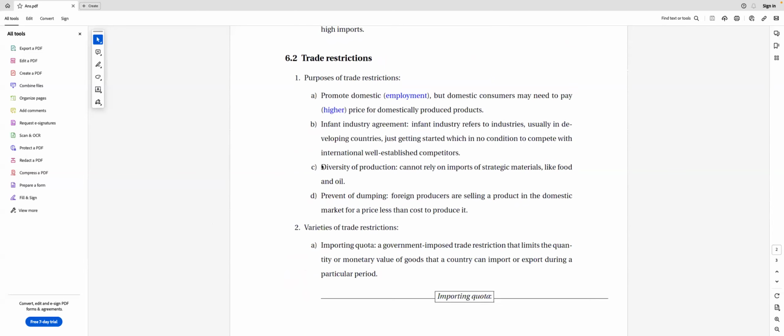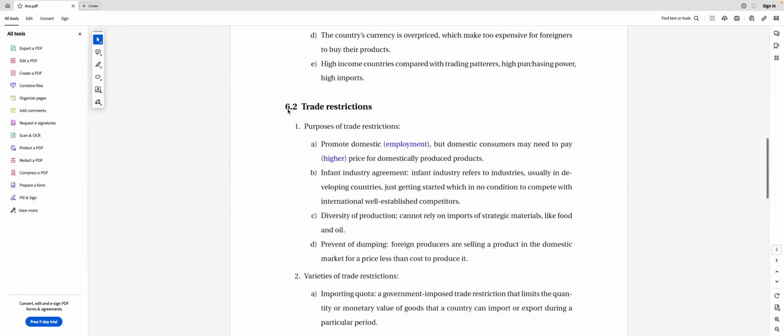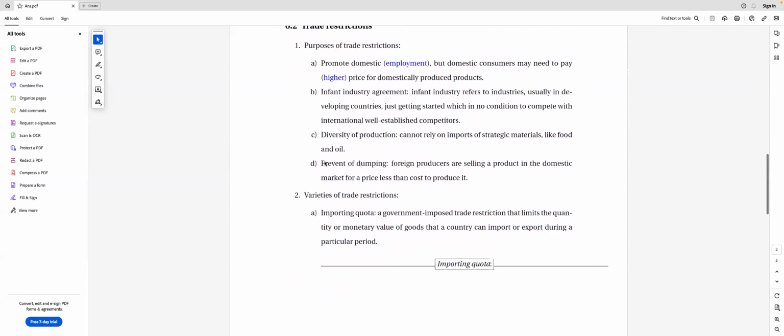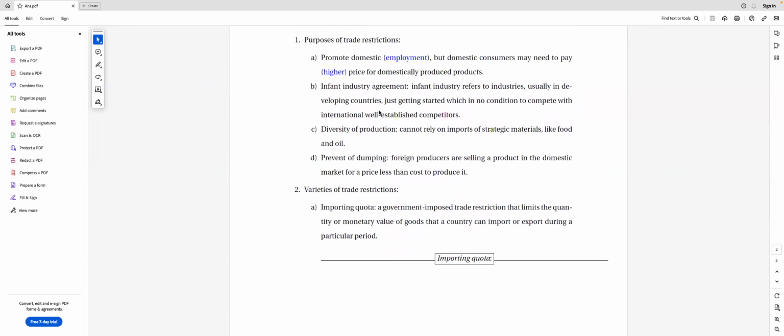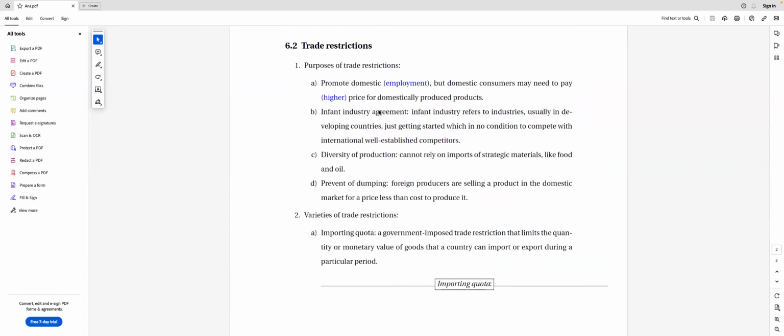The last two parts, 6.2, we will talk about the two different types of trade restrictions.